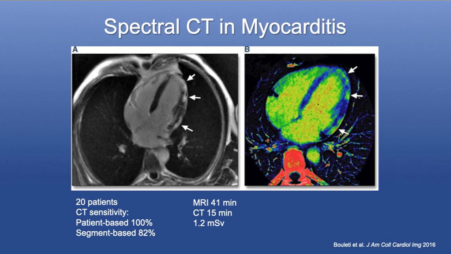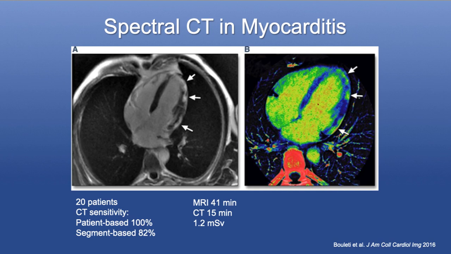There was a study here by the group from Lyon, also published in 2016, where they compared the use of spectral CT in patients with myocarditis with cardiac MRI. Cardiac MRI still is the gold standard to image these patients. Here they did 20 patients.